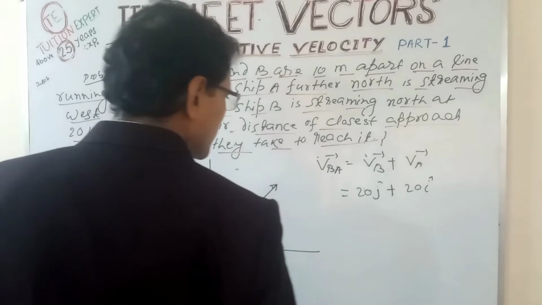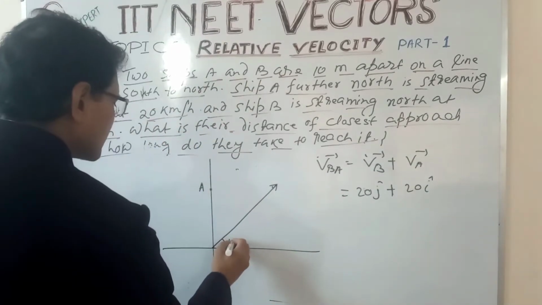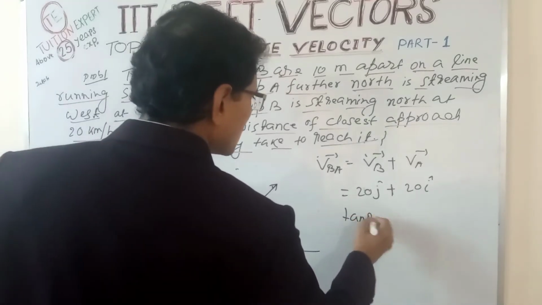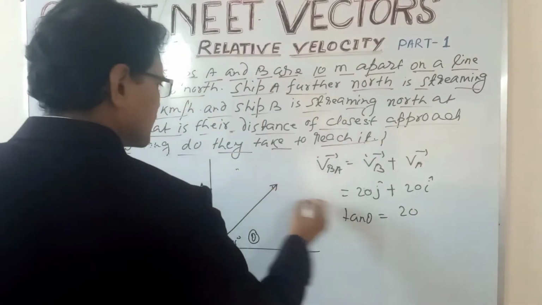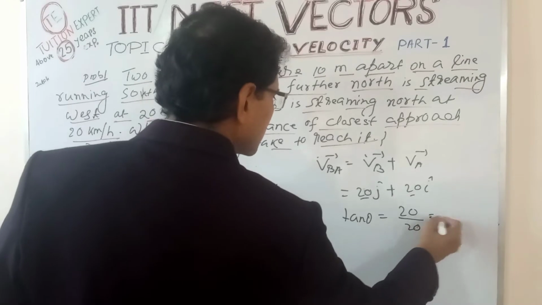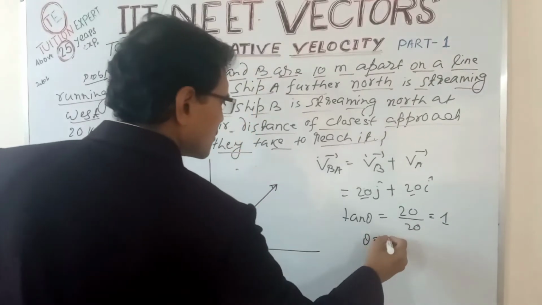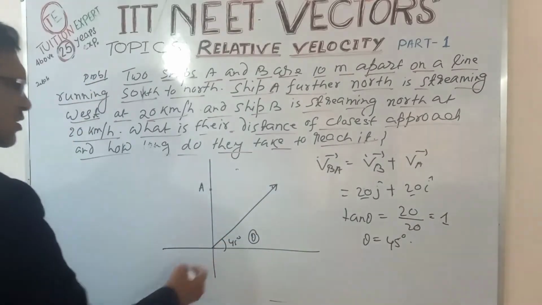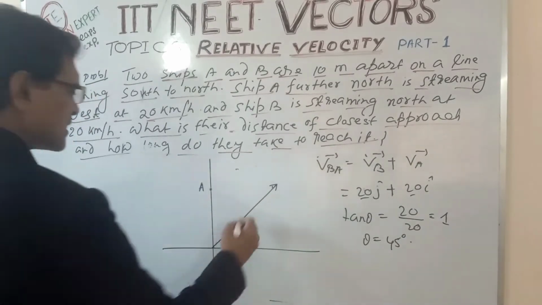So direction will be along 45 degrees, because if this angle is theta, then tan theta equal to perpendicular by base, 20 by 20, which is 1, that is theta equal to 45 degrees. So the direction of VBA is along 45 degrees with the horizontal.